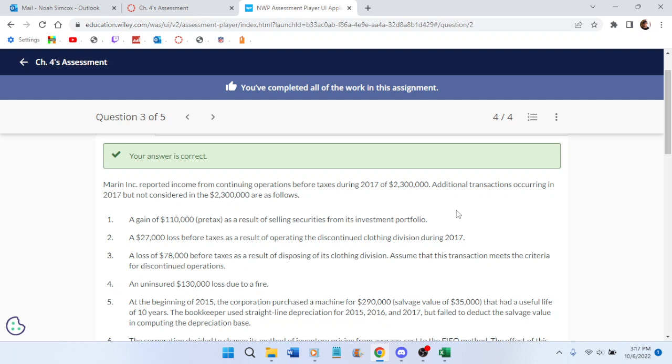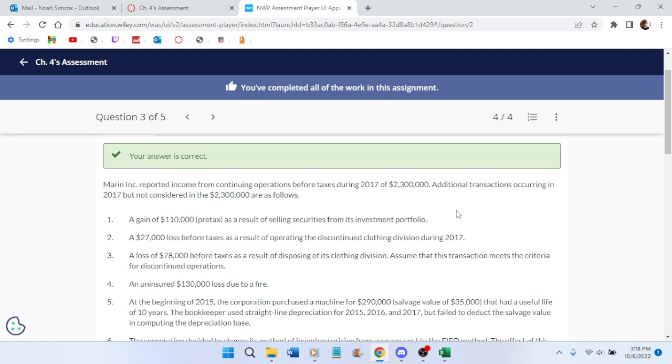So that is a discontinued operation. So what we do on the income statement is do literally everything the same, except we must have a discontinued. We must say, instead of income before taxes, we say income.